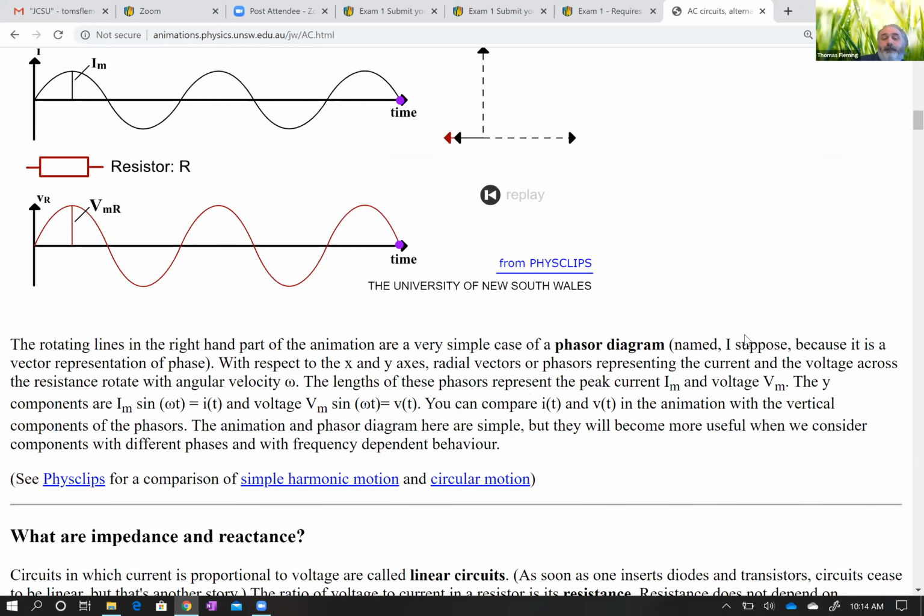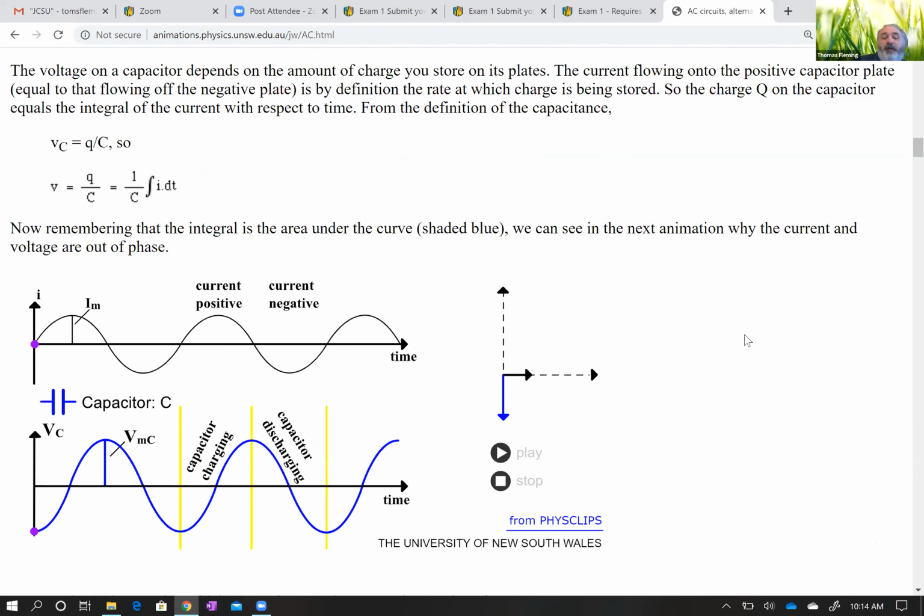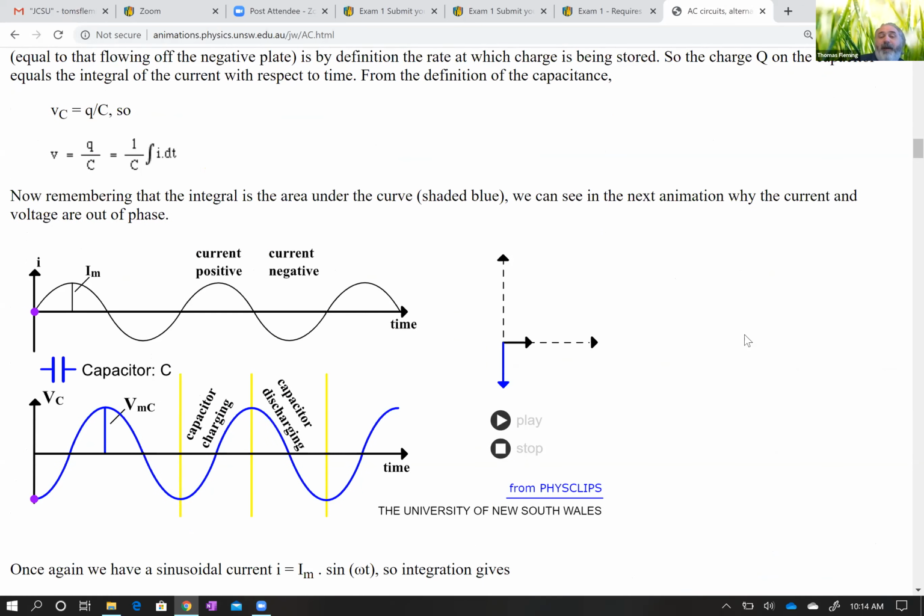However, if I'm dealing with a capacitor, remember, the current is going to lead the voltage, and the capacitor is going to be out of phase by 90 degrees. So if I'm drawing a phasor diagram for these two guys, you can see that I've started my current going this way, and I've got my voltage across the capacitor a full 90 degrees behind it.